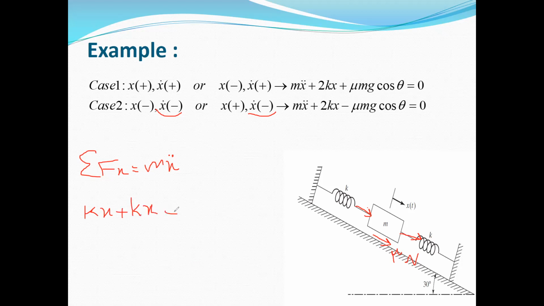kx plus mu N is equal to minus m x double dot, because the direction of the motion this time is upward.